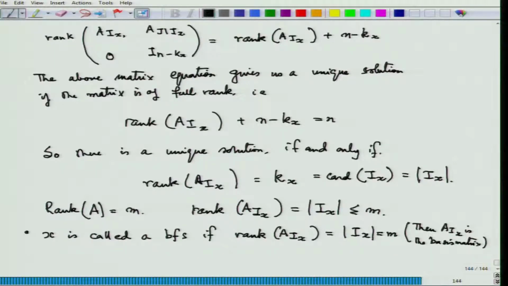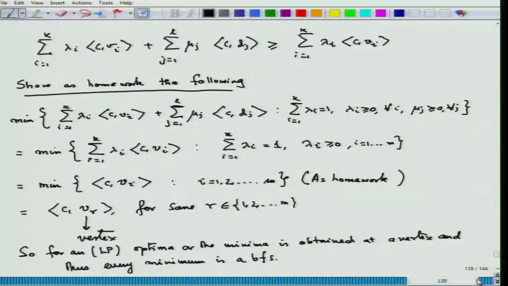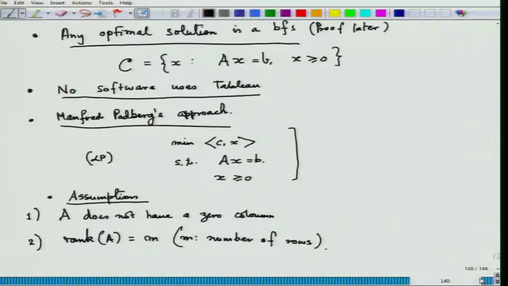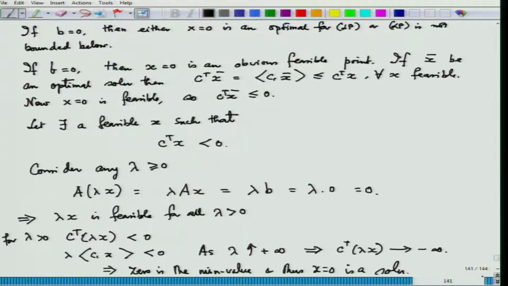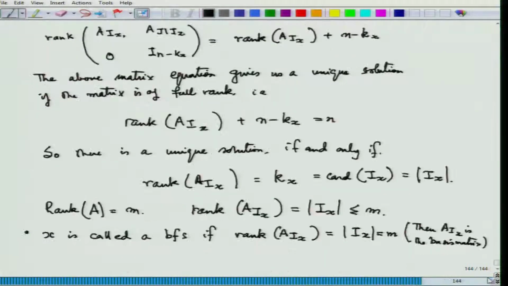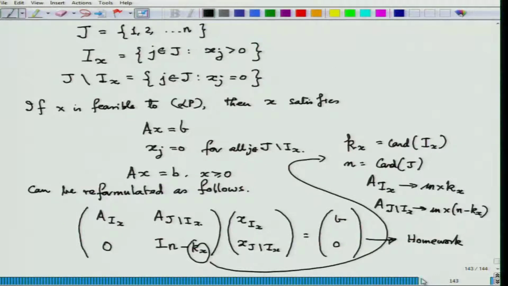Okay. So, what we have done? We have taken a J, which is a solid. Let us recollect what we have done so far. It might not be so easy for everyone. If X is a feasible solution, then X satisfies these equations, right.